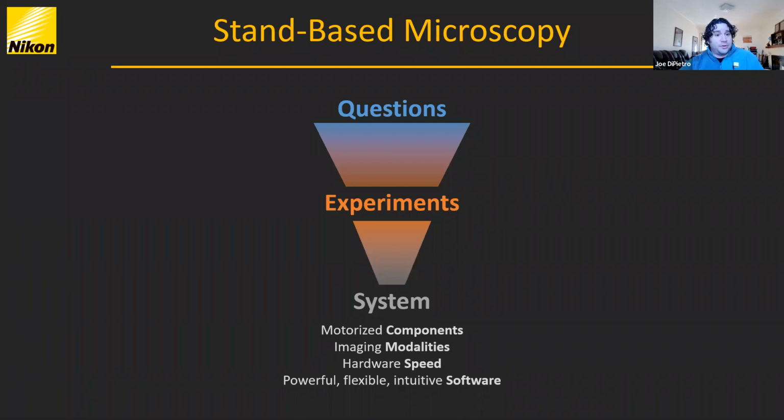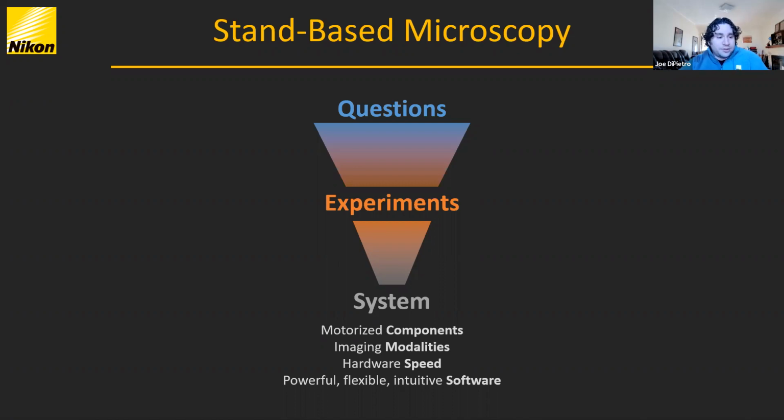So for example, you might be able to do a Z-Stack with just a motorized microscope, but if you want to do really fast Z-Stacks, then you might need something that we call a piezo that sits on the microscope and allows you to do those Z-Stacks even faster.